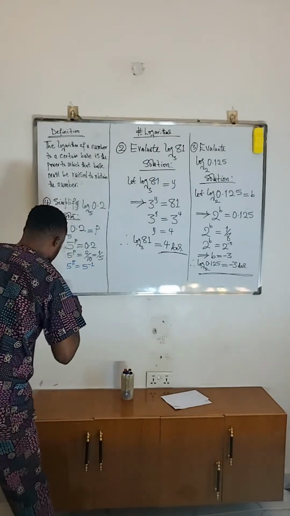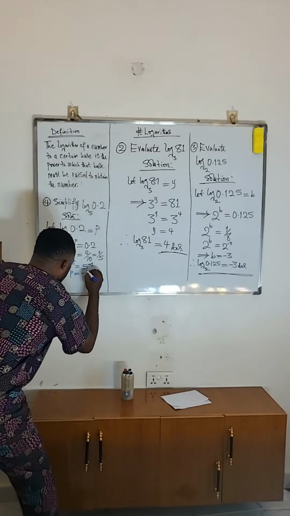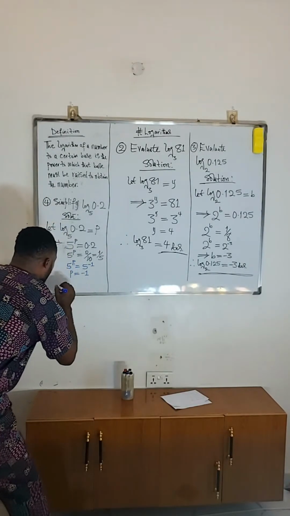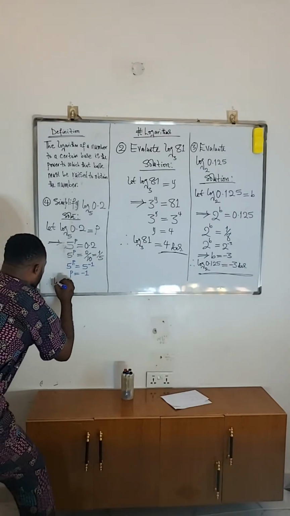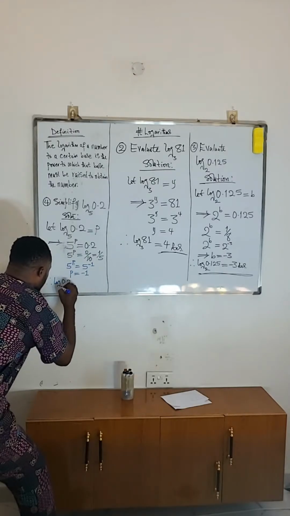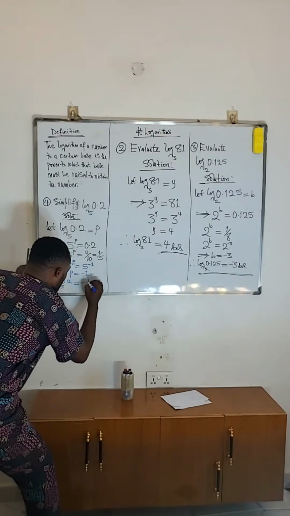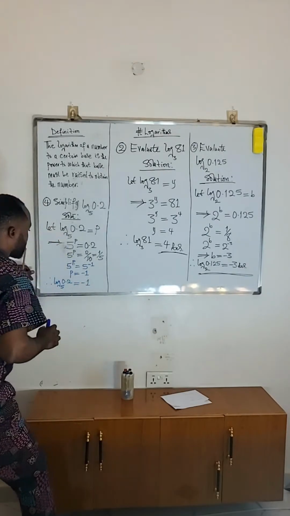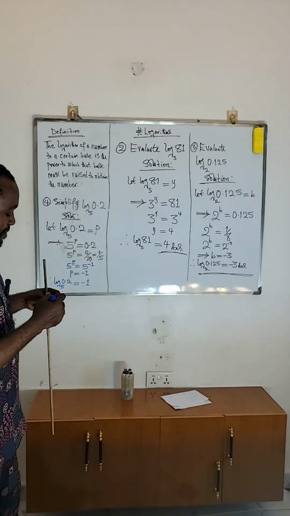And so P equals minus 1. Therefore, log 0.2 in base 5 equals minus 1. So that's the solution to that.